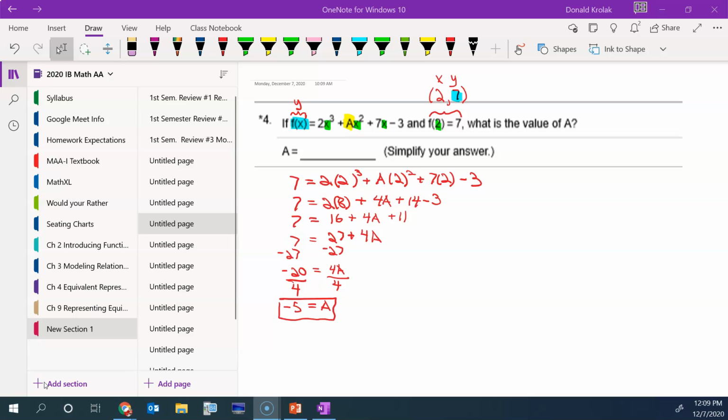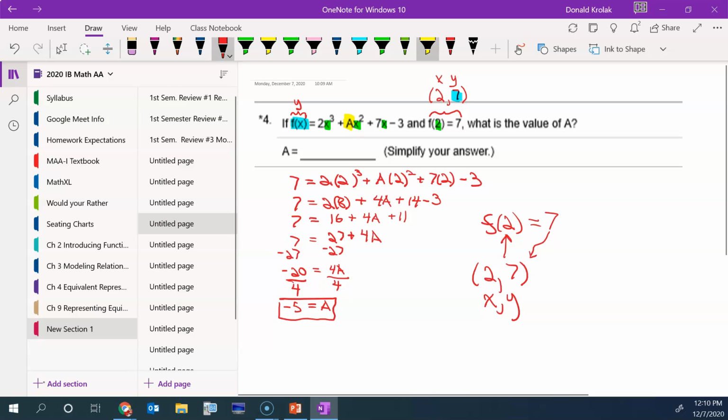So this problem just comes down to substituting in and recognizing that this notation tells you an x coordinate, and this is the y coordinate that goes with it. Then you can substitute those back into the equation so that you get an equation with only one unknown in it, and then you can solve for that unknown.